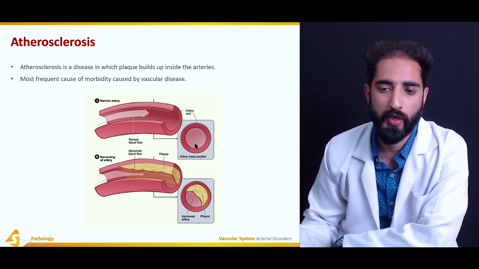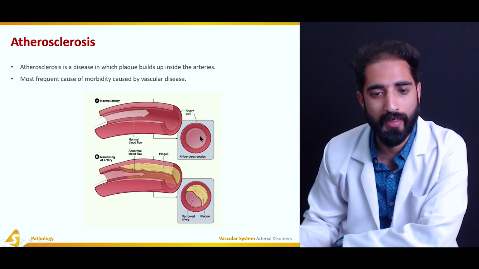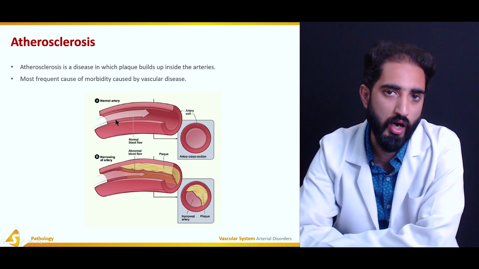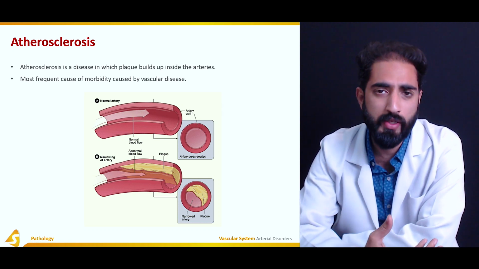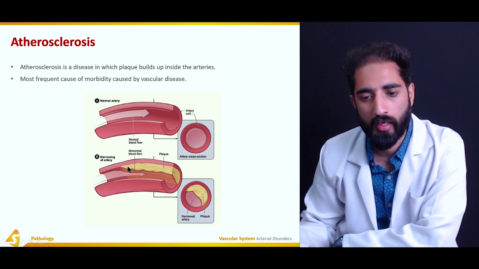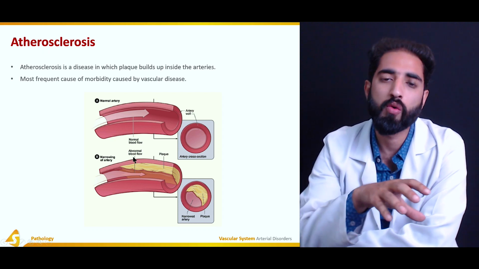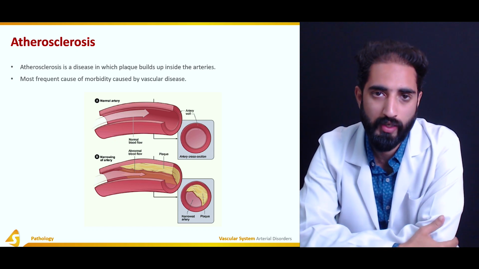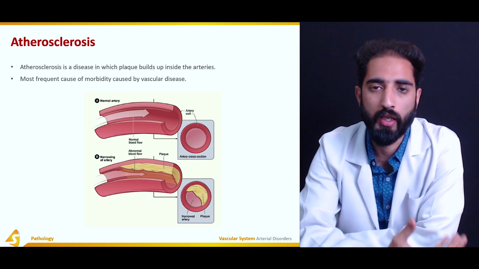There is a pretty wide lumen here, and the blood can flow easily and smoothly in this normal artery. But what happens in atherosclerosis is that there is a fibrotic plaque here. This plaque narrows the lumen of the blood vessel, thus impairing the blood flow.